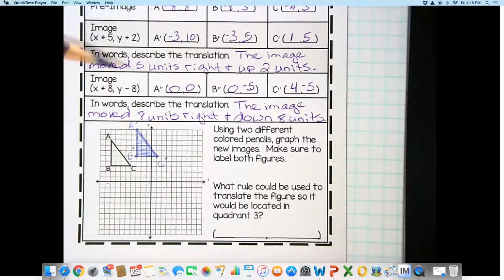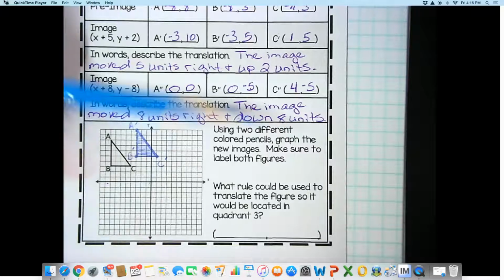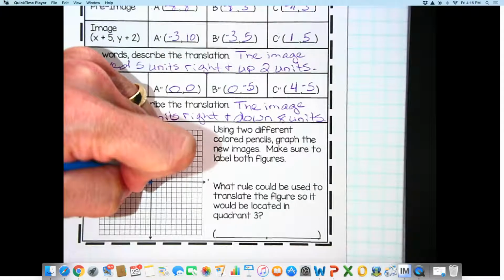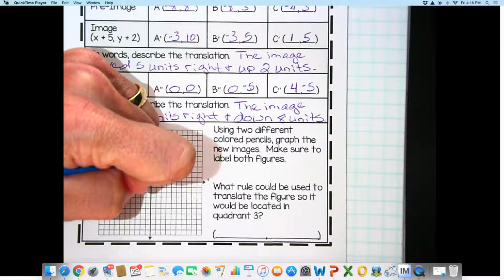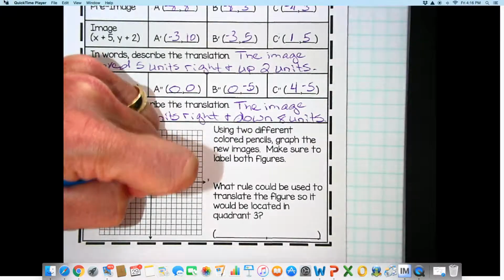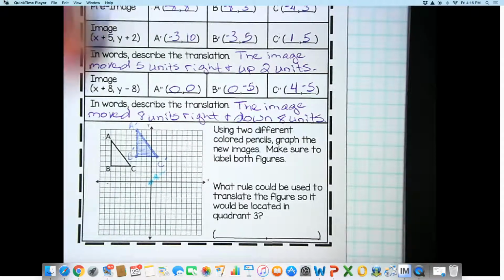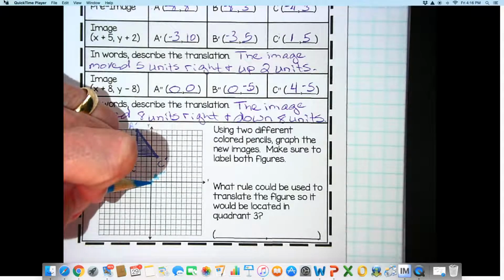Now, let's do the third one. So the third one says that we're going to start at, I think I'm going to use blue for this one. Okay, we're going to start with our A prime prime at 0, 0. So that would be our A prime prime. And our B prime prime is going to be 0, -5.